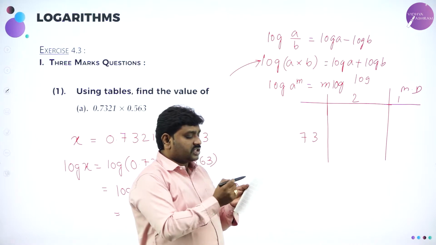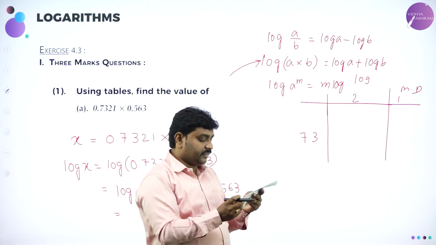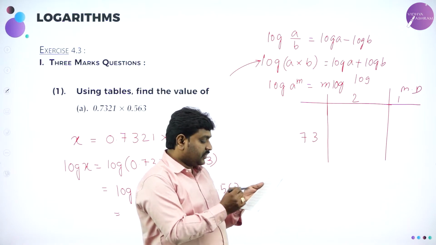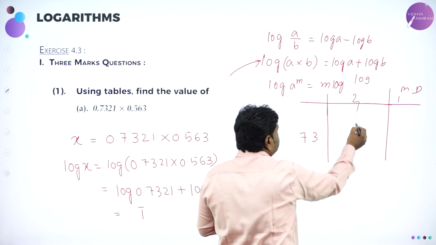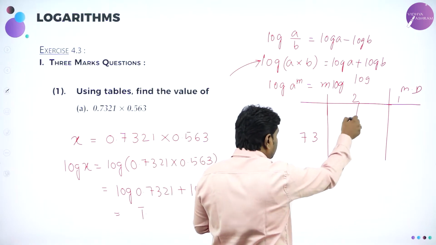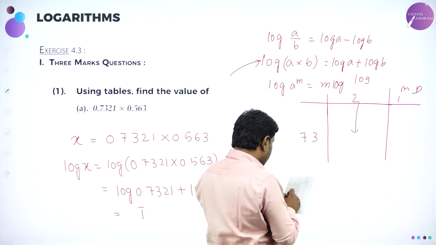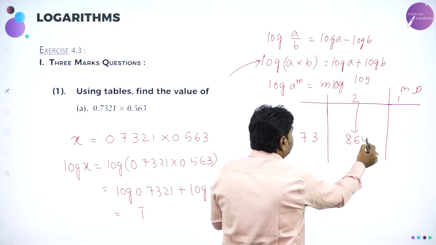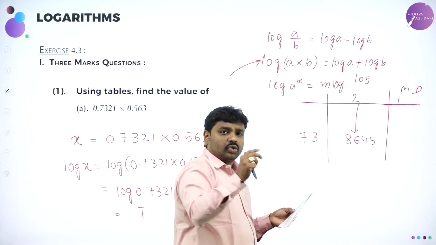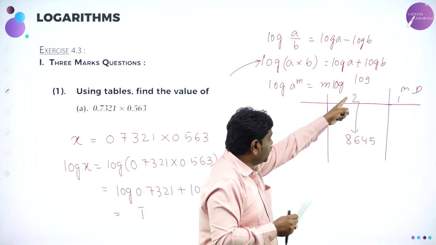In the log table it starts with 10, 11, 12 like that. So search for 73. We'll have 73 under 2. So row 73 and under 2. 73 under 2, if you see, gives you 8645. Open the log table.